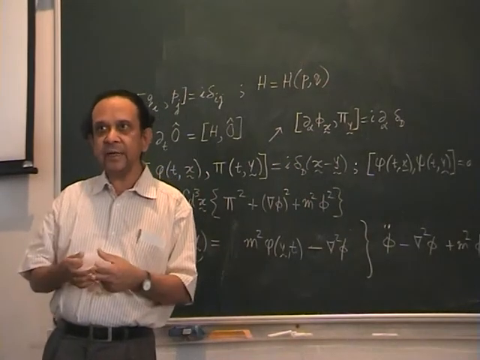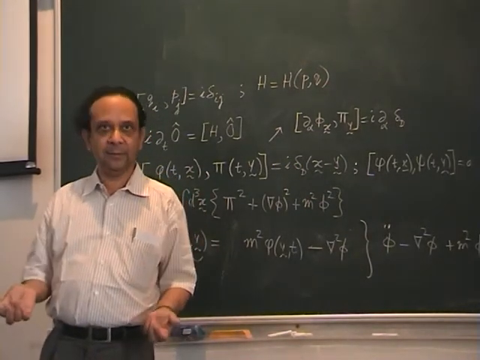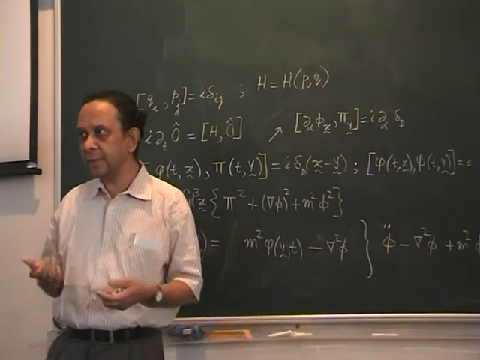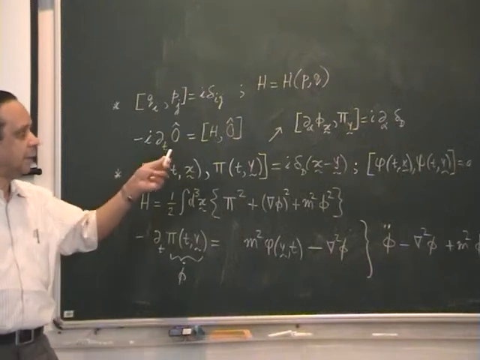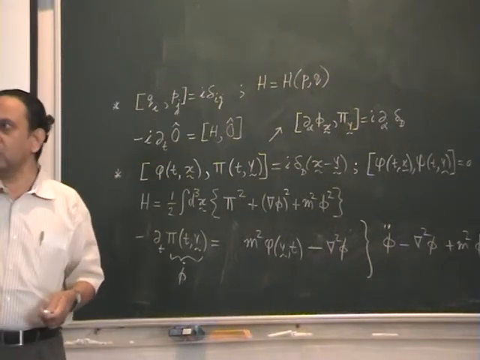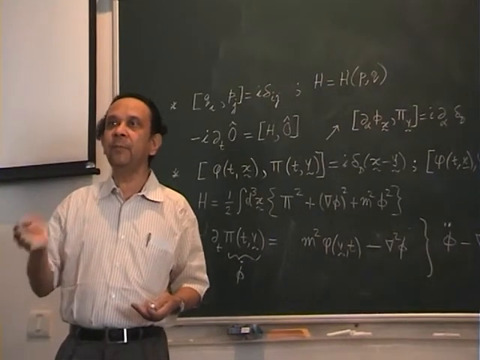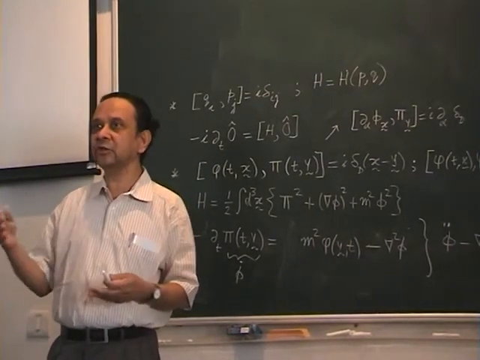What we need to do next is to construct the Hilbert space. So suppose, again go back to the harmonic oscillator. In the case of a harmonic oscillator, the two equations which we have written down, one would have been P is equal to Q dot, the other would have been P dot is equal to minus omega square Q.